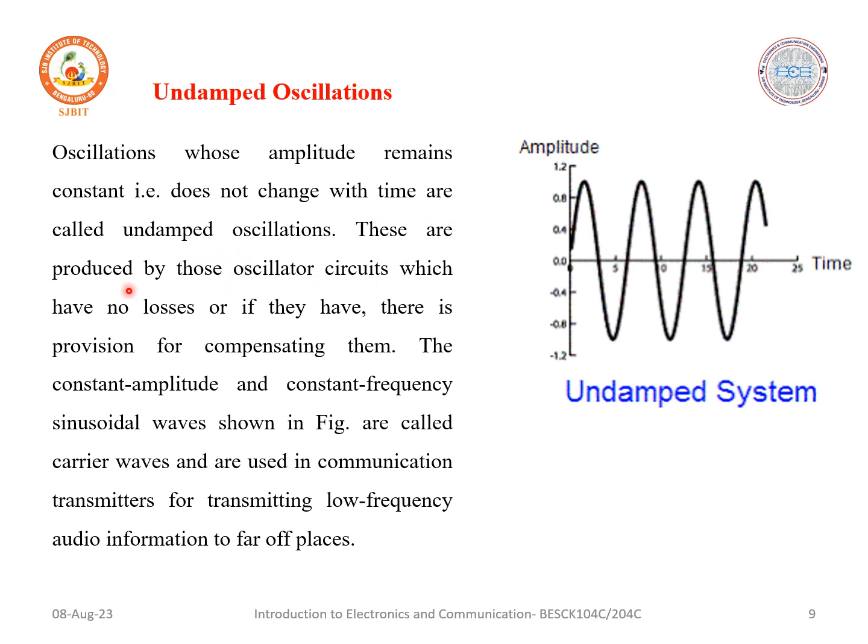These are produced by oscillator circuits which have no losses, or if they have, there is a provision for compensating the losses. The constant amplitude and constant frequency sinusoidal waves you can observe in the waveform. So this is the example of undamped oscillation.